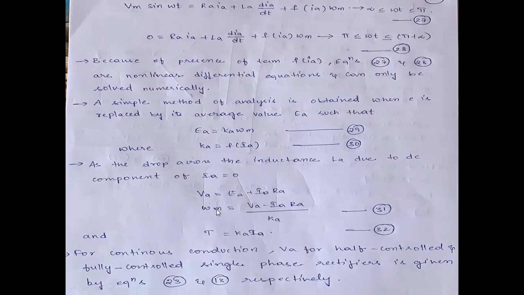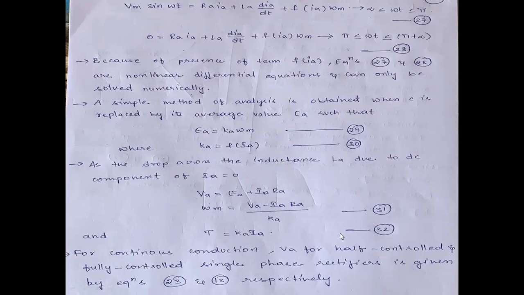From this, omega m is equal to VA minus IA RA by Ka. This is the 31st equation, and torque can be written as Ka into IA. This is the 32nd equation.